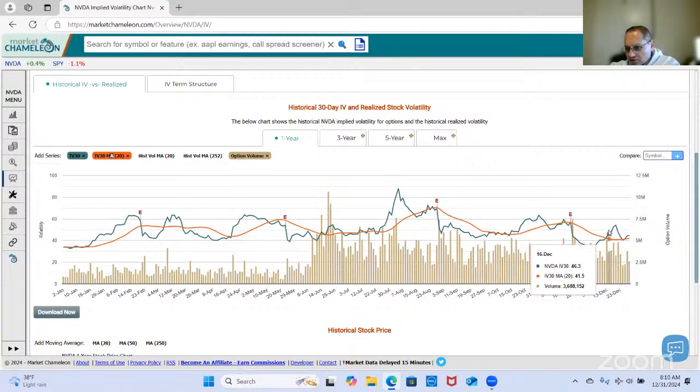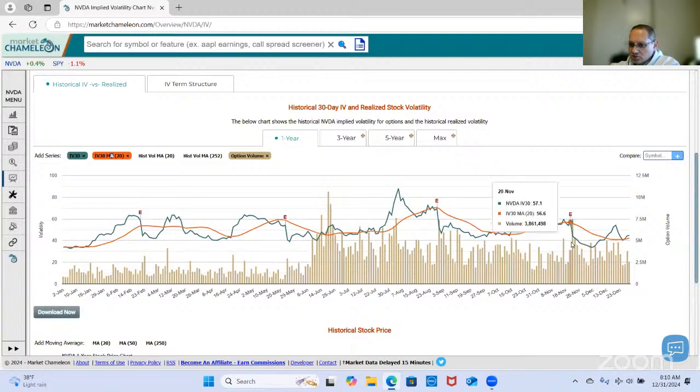And we could see here that so far, the 20-day looks a little bit more smoothed out, right? Because it's averaged out, so it looks a little bit smoother. And it looks like it's been trending down since earnings and now leveled off in the 20-day moving average. Might be ticking up a little bit.